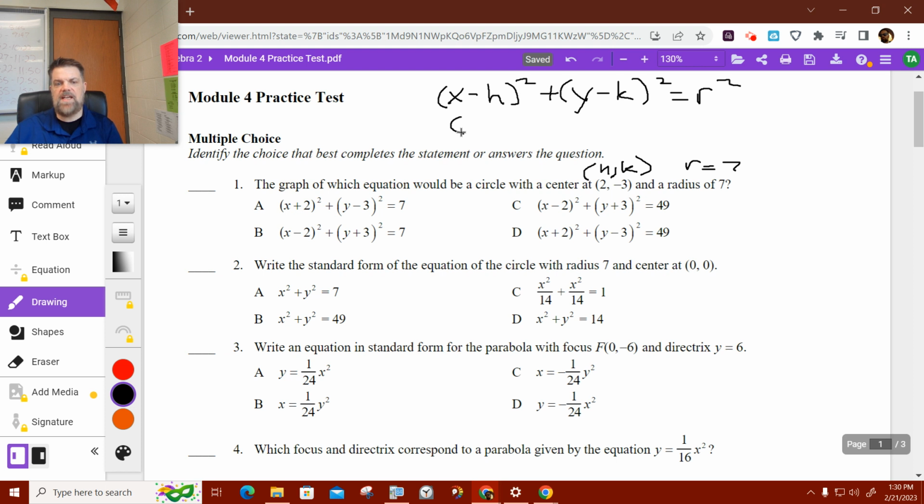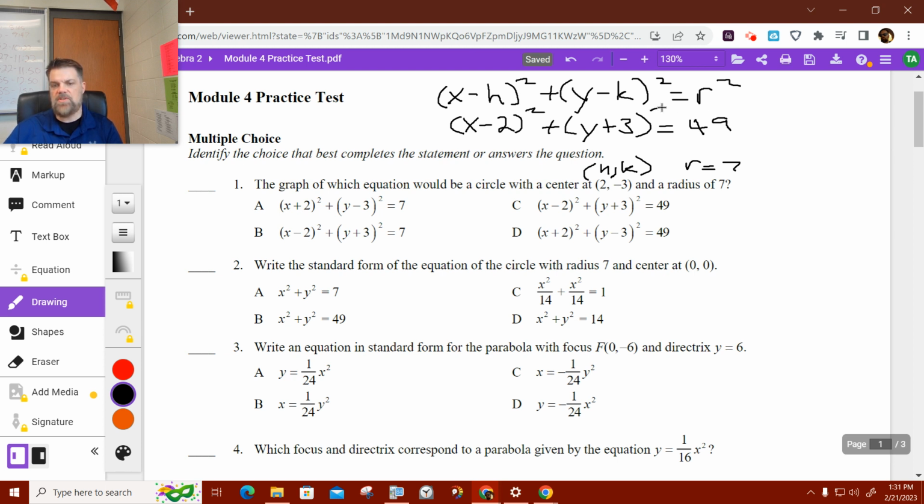So if I plug that in, I have x minus h, which is 2 squared, plus y minus k, but y minus 3 is what? Plus 3. And then that's equal to 7 squared, but what's 7 squared? 49.